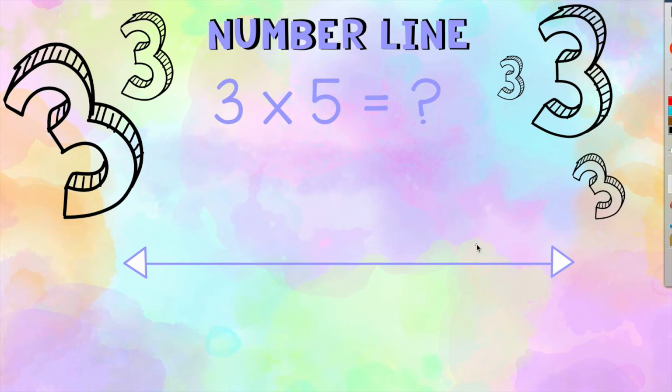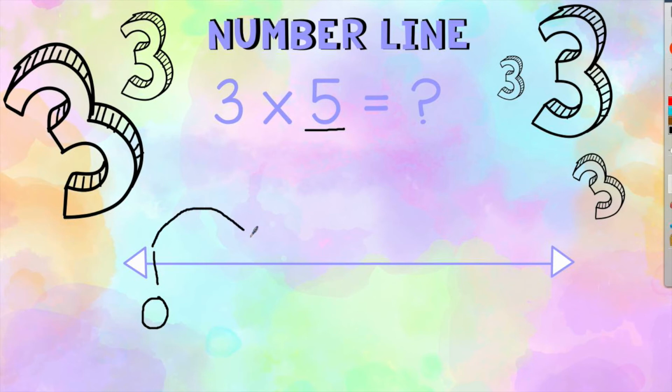Now in the second way that you can use a number line, instead of jumping by threes, I'm going to jump by fives. So once again, I'm going to start on the very left side of my number line, and I'm going to start at 0. I'm going to jump 5 three times.